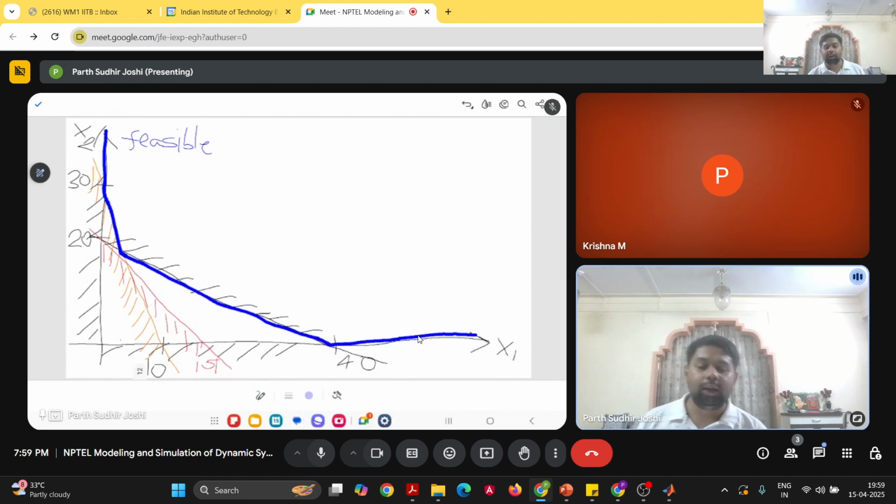So generally, in a linear programming problem, I think I made a mistake in drawing the feasible region.